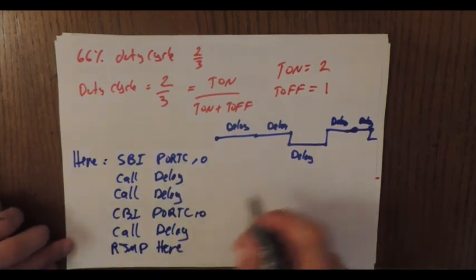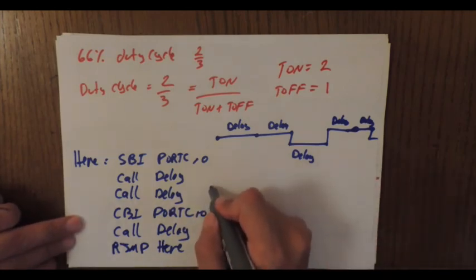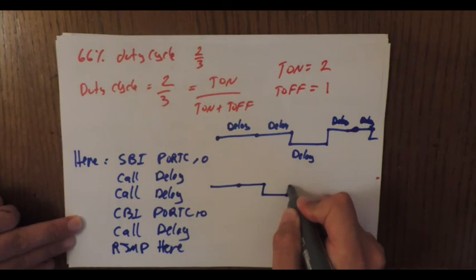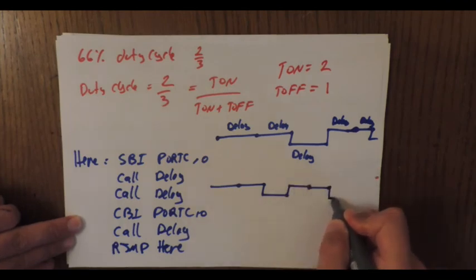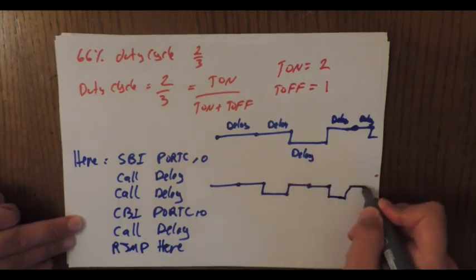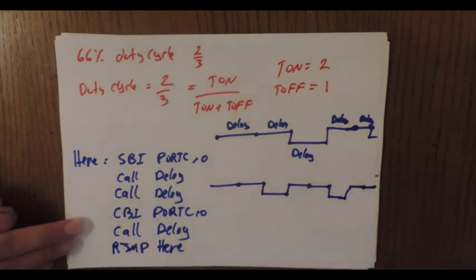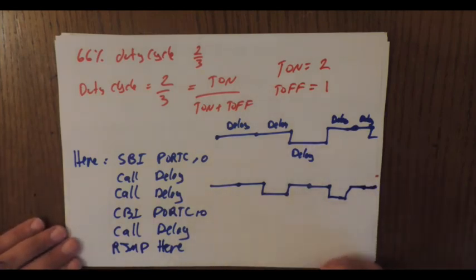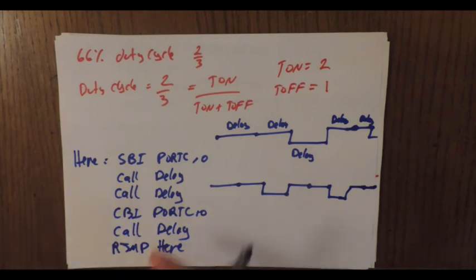So in this case I have this effect: 1 delay, 2 delay, off, just 1 delay, 1 delay, 2 delay, off, and so forth. Okay, so we have twice as much on as off, and this is the way we do it with just adding a single delay.